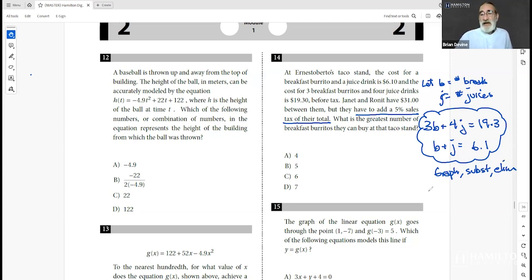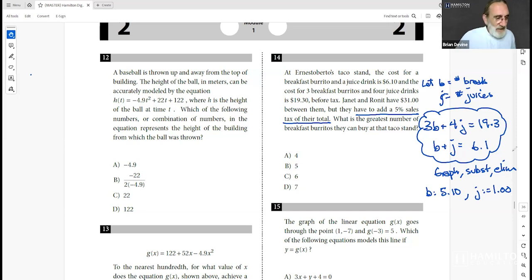And what I'm going to find is that a burrito is going to cost $5.10, and a juice drink is going to cost $1. However you solve it, I recommend graphing it. You've got that right there. But you could use elimination to find out how much is one versus the other.